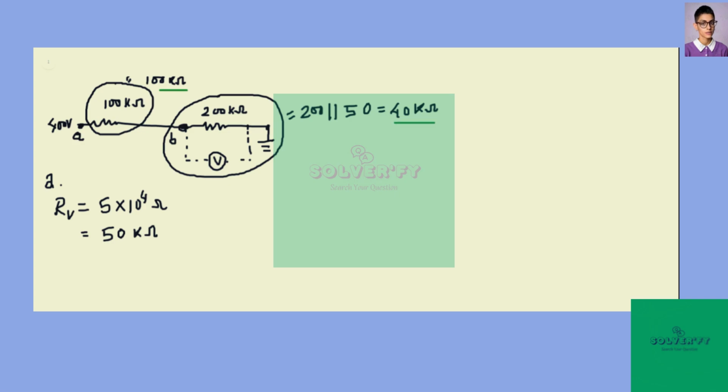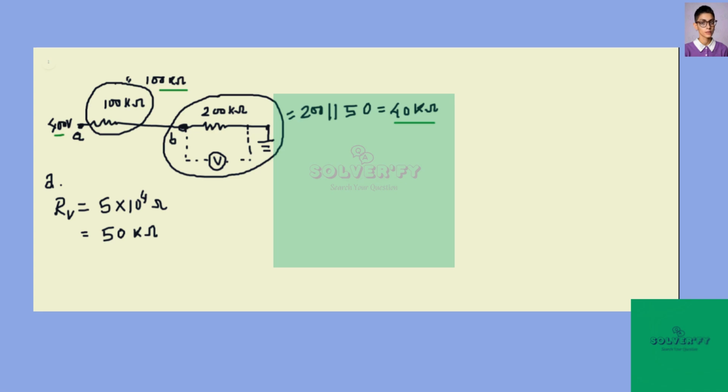Now we have a potential of 400. This potential needs to be divided among 100 and 40, right? The potential divides in proportion to the resistance, that is, the ratio of resistance would be the same as the ratio of voltages.